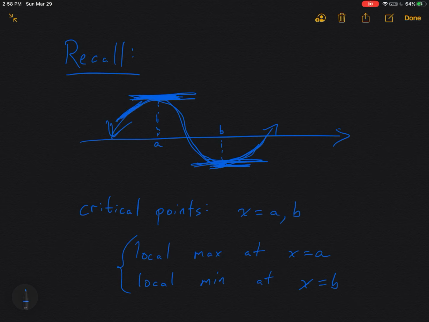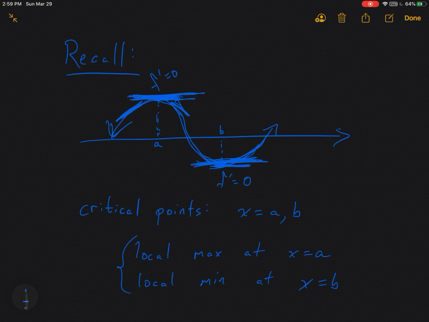Over here on the left side of a, the derivative would be positive, and on the right side, the derivative would be negative. But if you're sitting at the top of the hill or at the bottom of this valley, the slope is exactly 0. In other words, the derivative would be 0 here. So at the peak, f prime equals 0, and at the nadir, f prime equals 0. That gives us a way of looking for these points a and b. We called them critical points. Those are just the points where the first derivative is equal to 0.